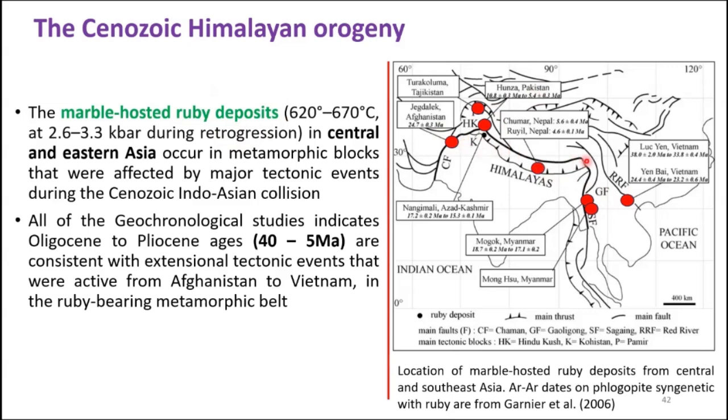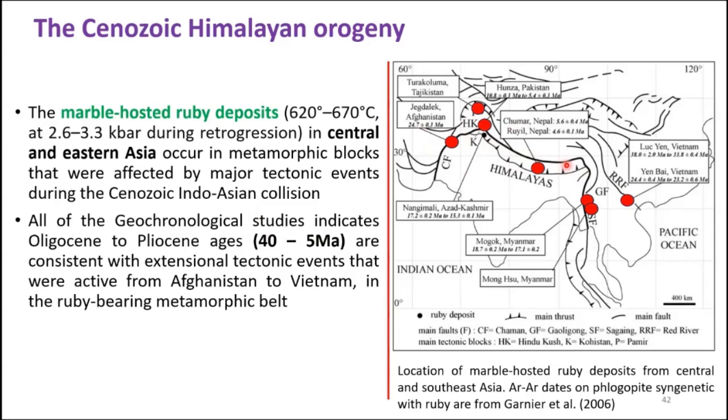So this is the result of a relatively younger orogenic event, the Himalayan orogeny. In the Himalayan orogeny, those deposits are mainly rubies associated with marble. After dating of those rocks, the researchers got these ages. So it's a post-tectonic event after formation of this mountain. Some post-tectonic events were going on, and these ages suggest these deposits were produced during that.